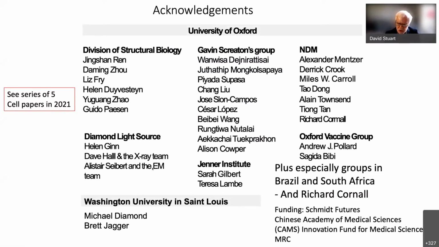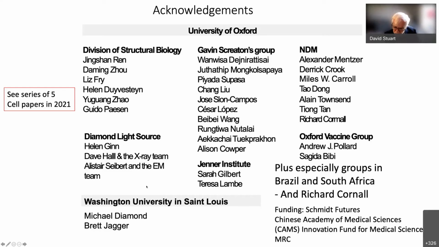There's a large number of people being involved in this work within my group. Ren, Darming, Liz, Helen, and earlier in the project, particularly Yu Guang and Guido, have been really heavily involved. Helen Ginn from Diamond Light Source, where she's a postdoc, and the teams at the beamlines and microscopes.